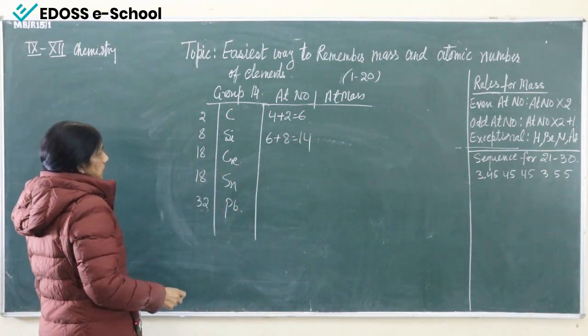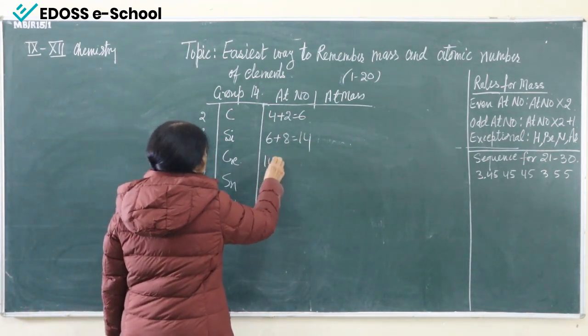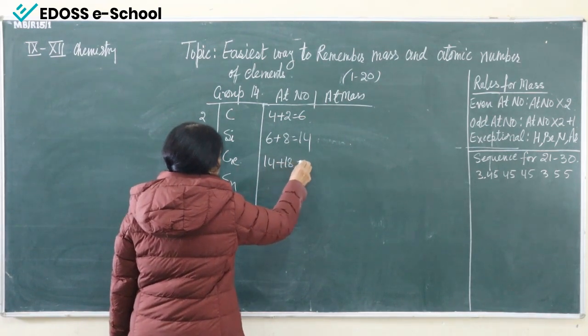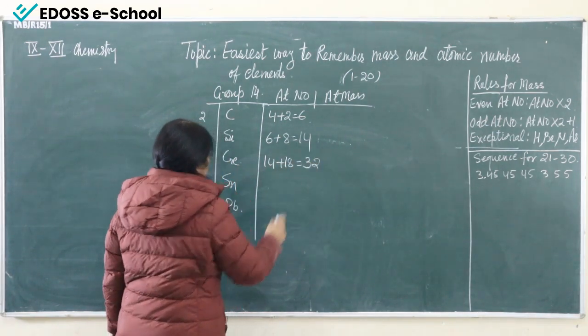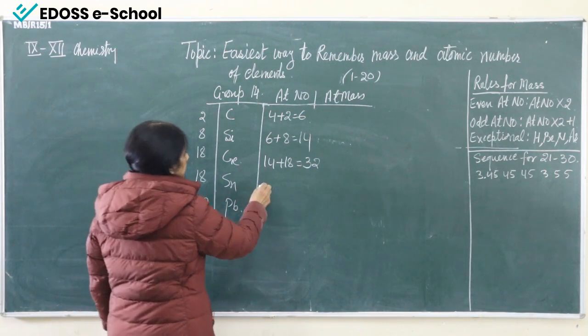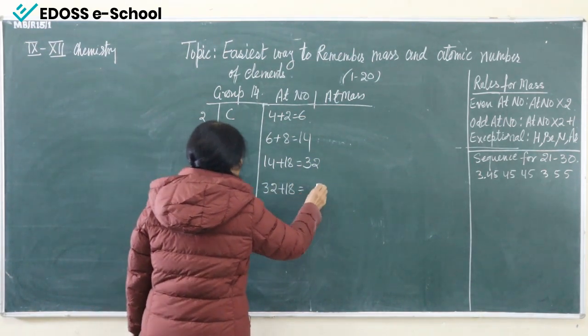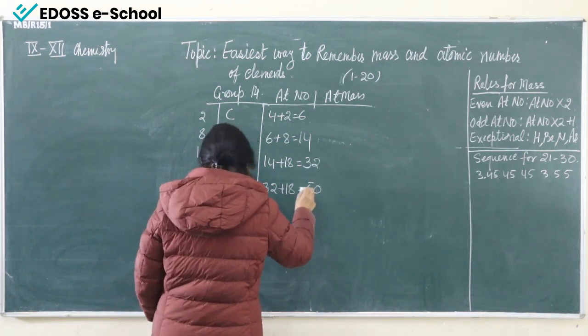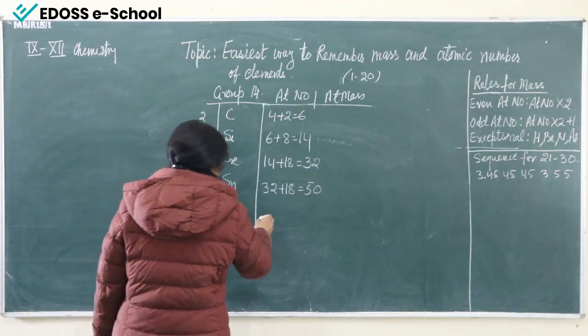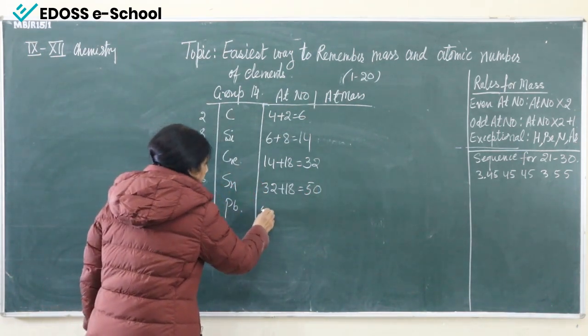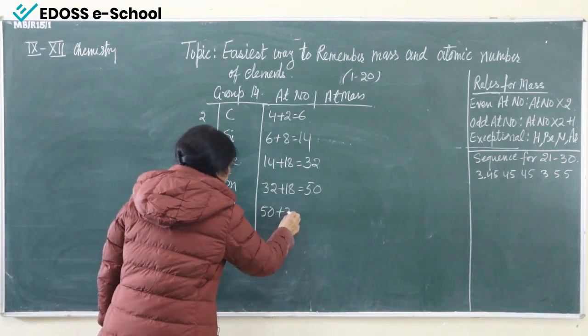For germanium we will take 14 and add 18. For tin we will take 32 and add 18. And similarly for lead we will take 50 and add 32.